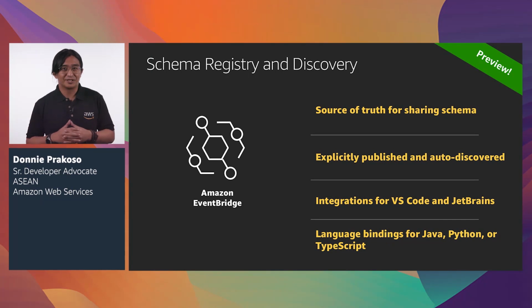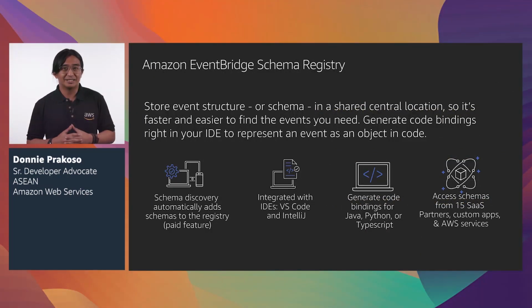So how does this work? To react to events in their applications, developers need to know the event structure or schema. The process of finding events and their schema is typically manual. Developers have to look through the documentation or talk directly to the event's developer. Now, the EventBridge Schema Registry makes accessing schemas easy by centrally storing schemas generated by all your event sources so any developer in your organization can access them.